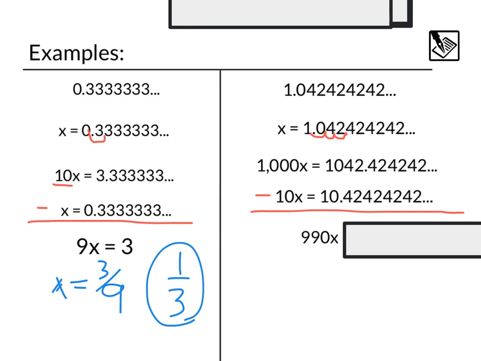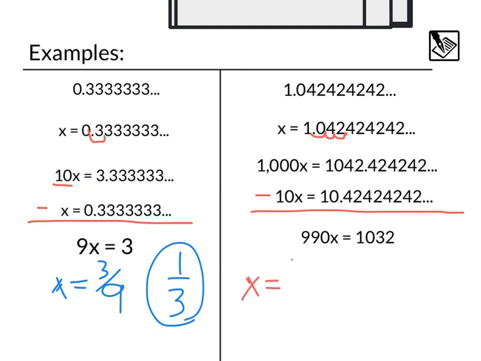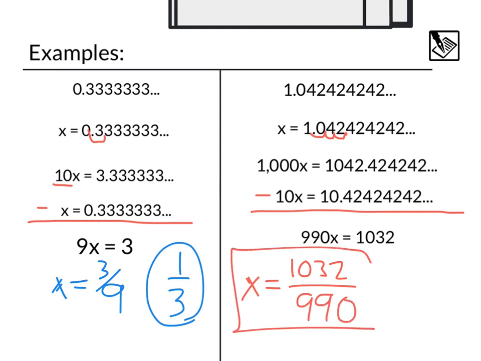The 0.424242 part is going to eliminate, leaving us with just 1042 minus 10, which is 1032. And then to solve this, we would just divide by that 990 and we'll get x equals 1032 divided by 990. And that's the fraction that will give us this repeating decimal.